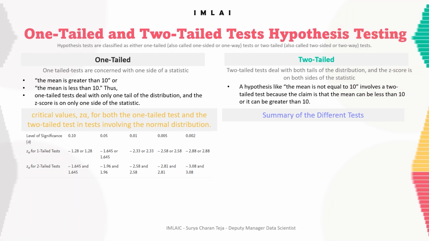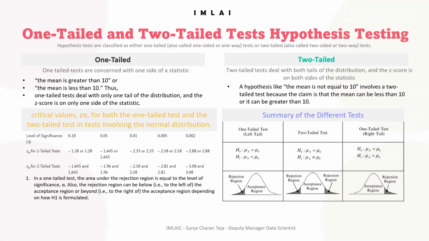These two regions will be considered, and even if you take 10 percent, the left region of minus 1.645 and the complete right region of 1.645. That visualization of these critical values for respective levels of significance will also be seen in forthcoming slides.